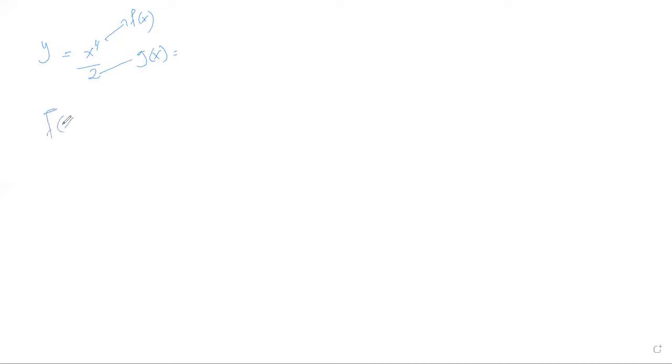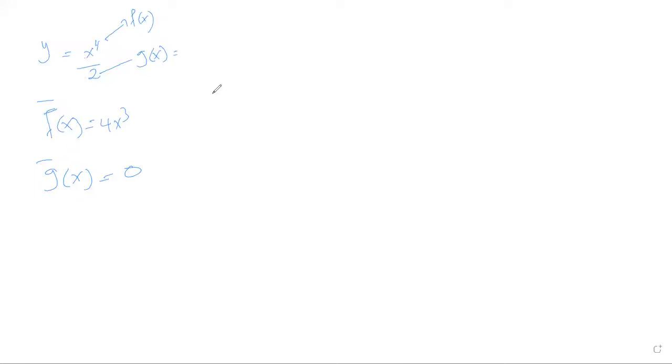The derivative of f(x) will be this: the 4 will come here and you subtract 1 from the power, so 4x cubed. And the derivative of g(x) will be 0 because it is constant.